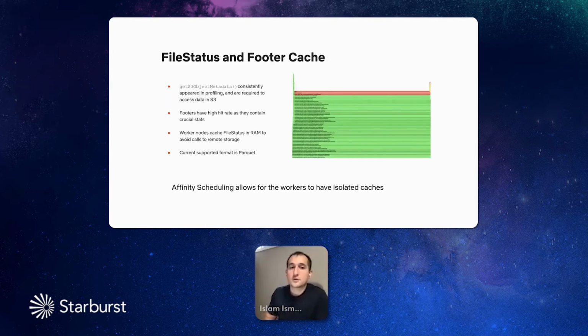Okay, so the first and simplest cache that we introduced is the FileStatus and the Parquet footer cache. The FileStatus cache is something very simple, and it's just a cache in the RAM of a given worker. Let's say a worker needs to read a file from S3. What call does it need to make before even accessing that file?